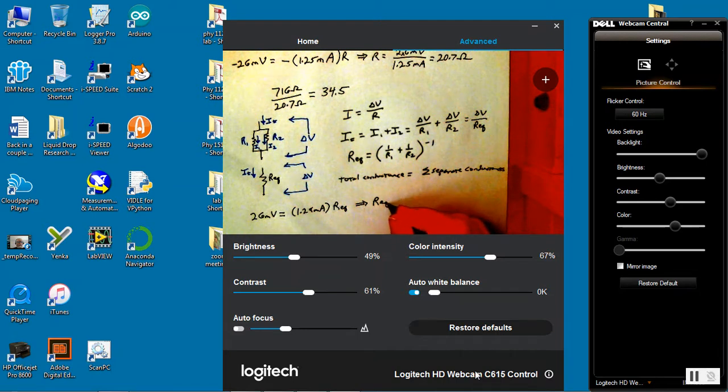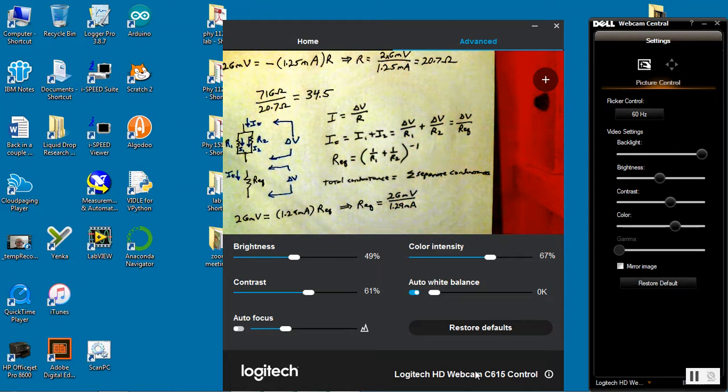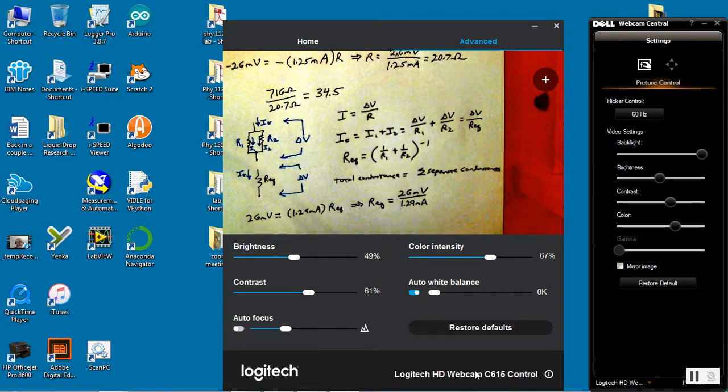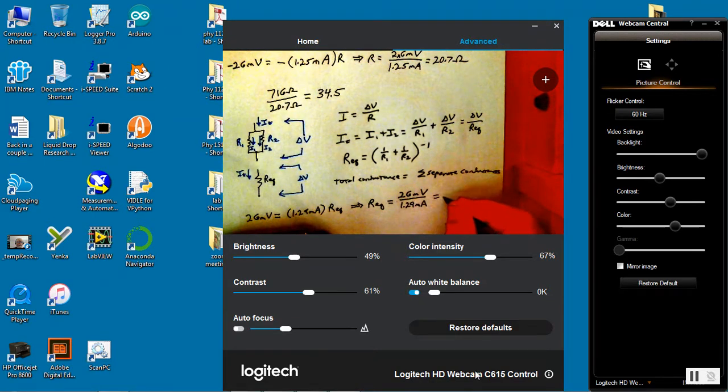So the equivalent resistance of the sodium channels would be 26 millivolts divided by 1.29 milliamps. The millis cancel, volt per amp is ohms. 26 divided by 1.29 is 20.2 ohms.